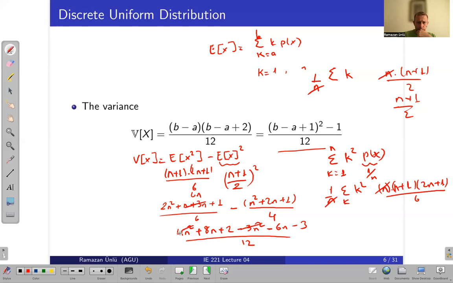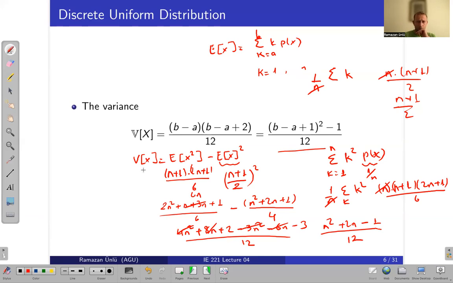So I will get n squared plus 2n plus 2n minus 1, I think, right? Divided by 12. No, I think we made a mistake here.